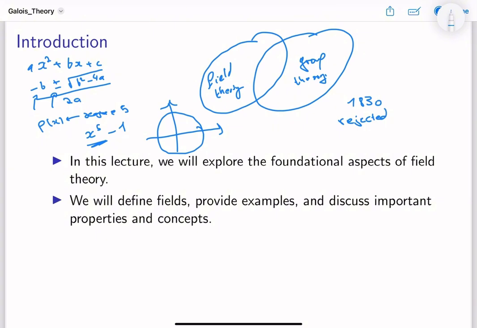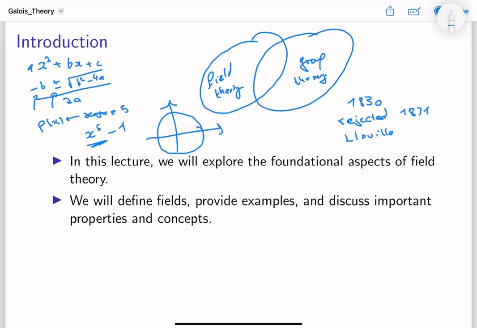It was rejected, I think, in 1831. Later on, another mathematician came and figured out this work, and he completed the work with some explanations, and of course gave credit to Galois. His name is Liouville. This other mathematician was the one who revealed the work of Galois.